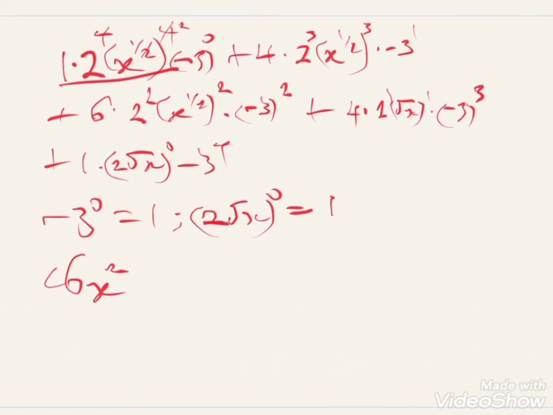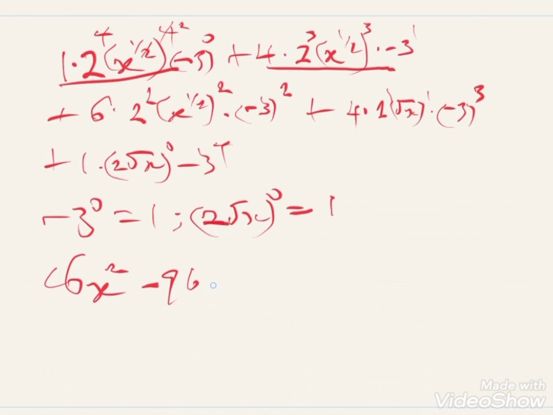So here from the second term, I have minus 3 to the power 1, minus times plus is minus. So 3 times 4 is 12, and 12 times 2 raised to the power 3, which is 8, so 12 times 8 will give me 96.